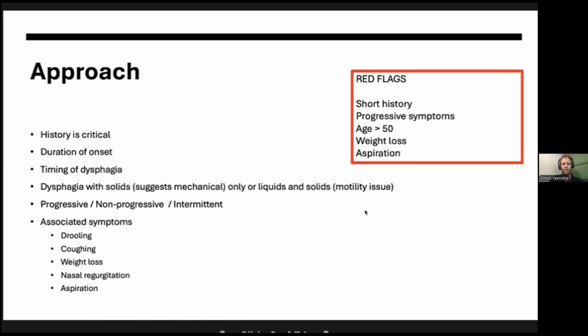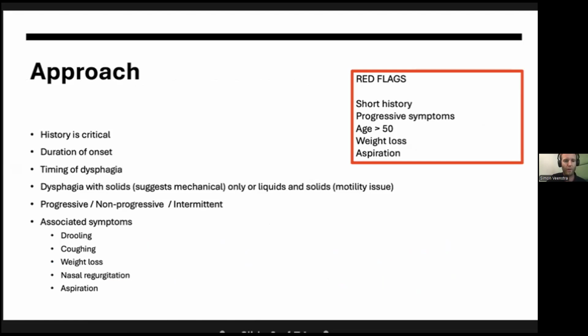So, as I've mentioned, when one considers dysphagia, history is really the critical component. One wants to know when the dysphagia started, how long it's been happening, whether it's progressing, whether it's intermittent. Does it occur early on in the swallowing cycle?